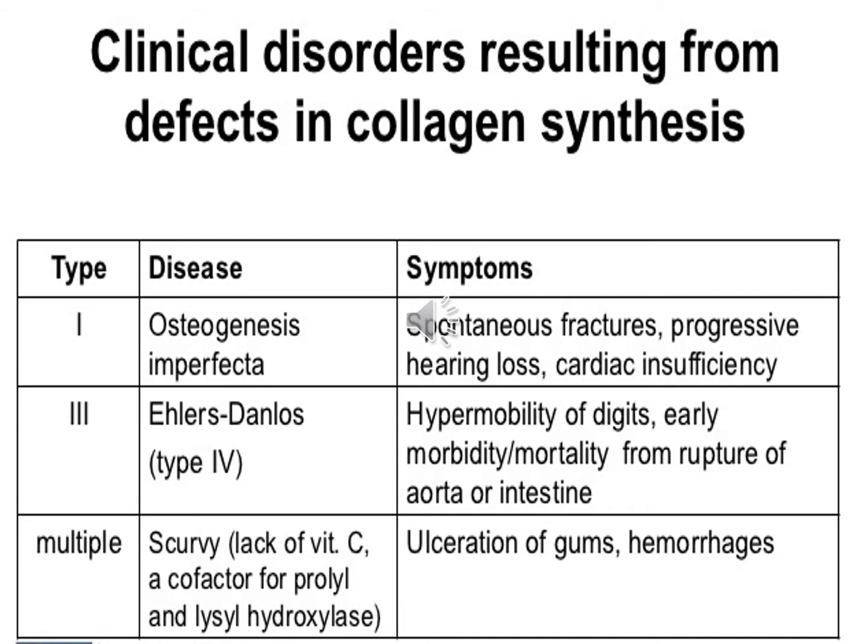Then another defect is scurvy, which results from lack of vitamin C, which is a factor used for the hydroxylation of the prolyl and lysyl residues of collagen. So if there is a lack of vitamin C, it results in bleeding from the gums and petechial hemorrhages.